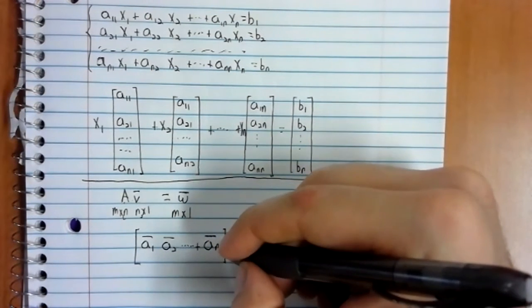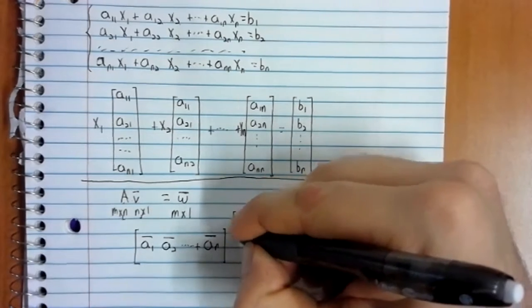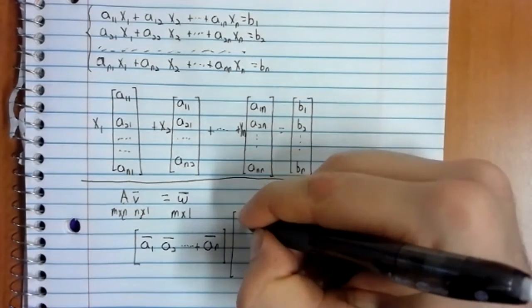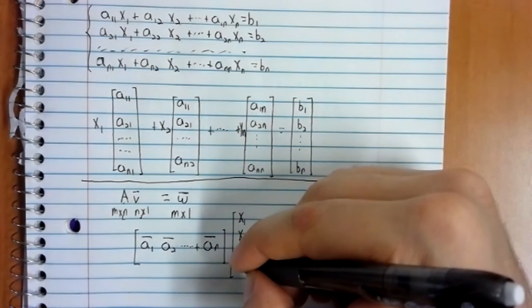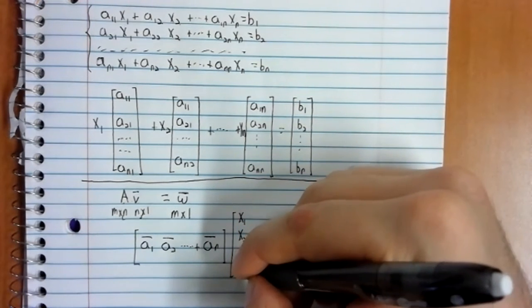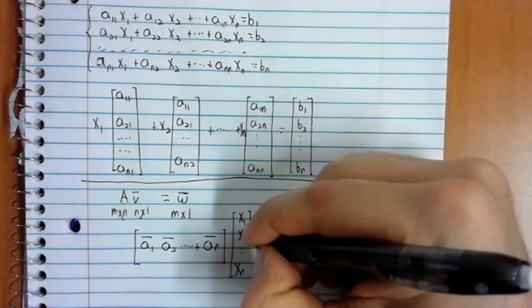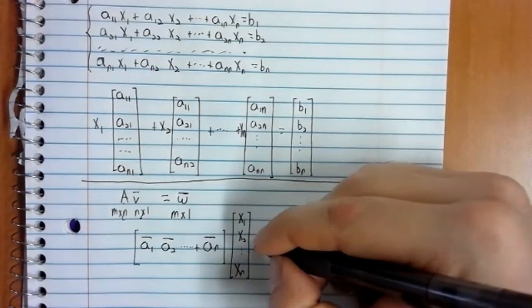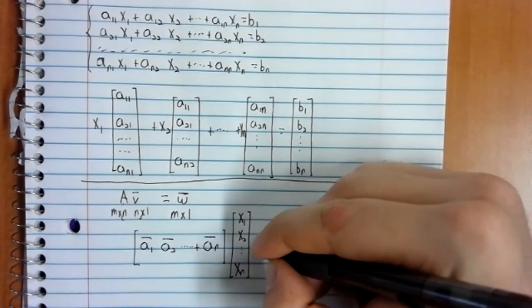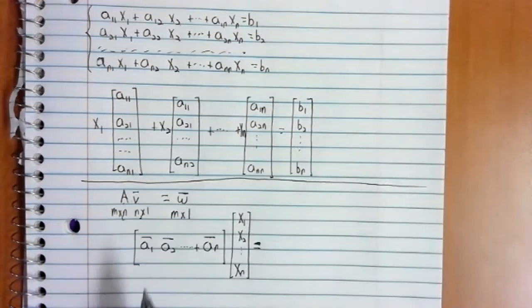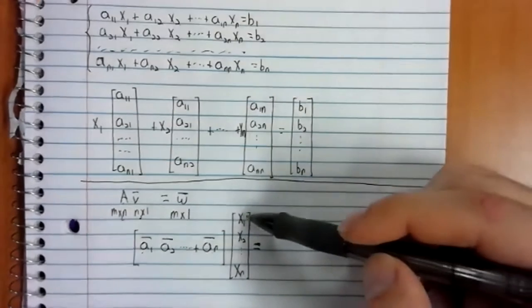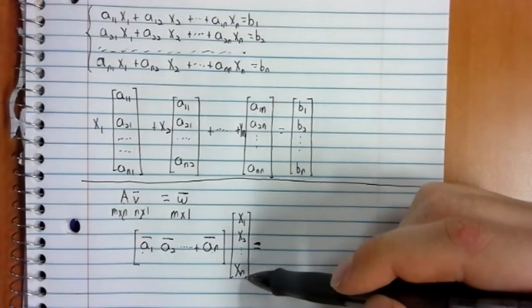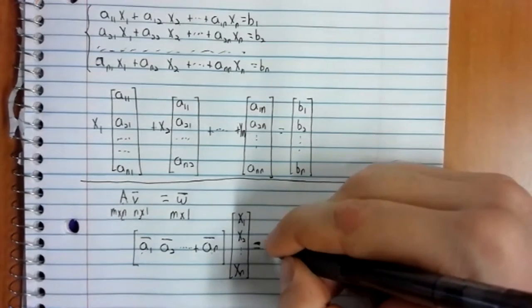Then A times this vector is a linear combination of these column vectors with these vector elements as their weights.